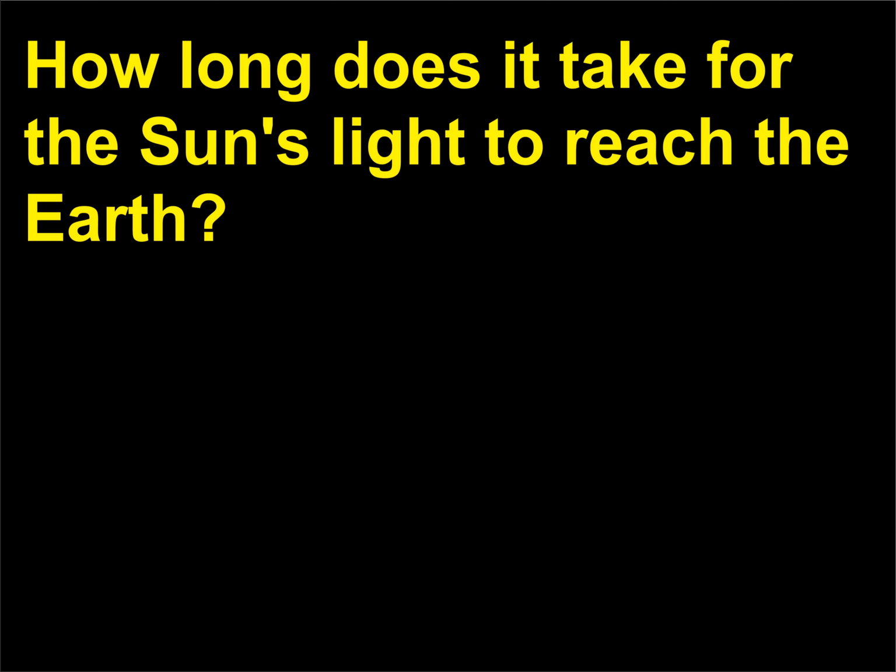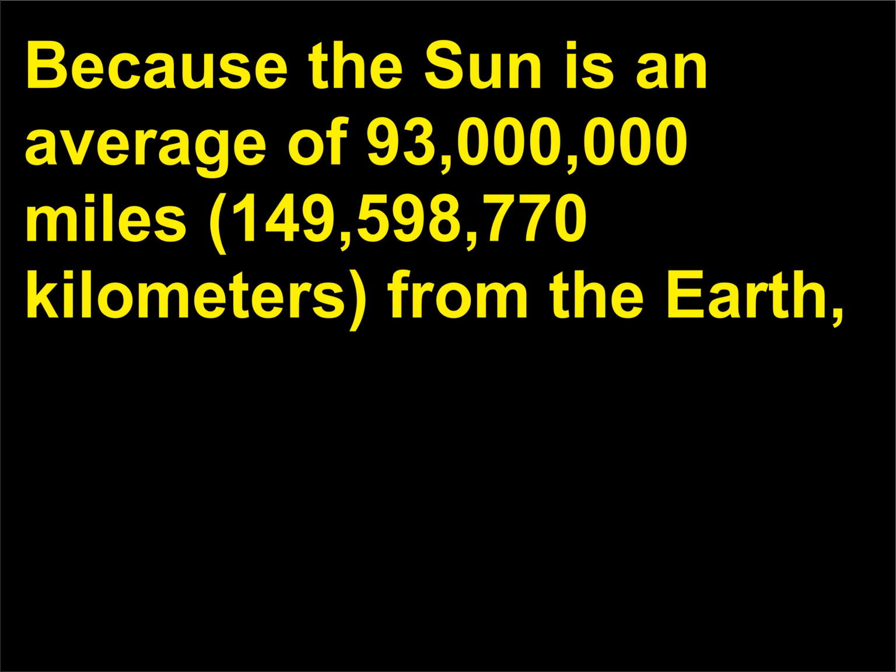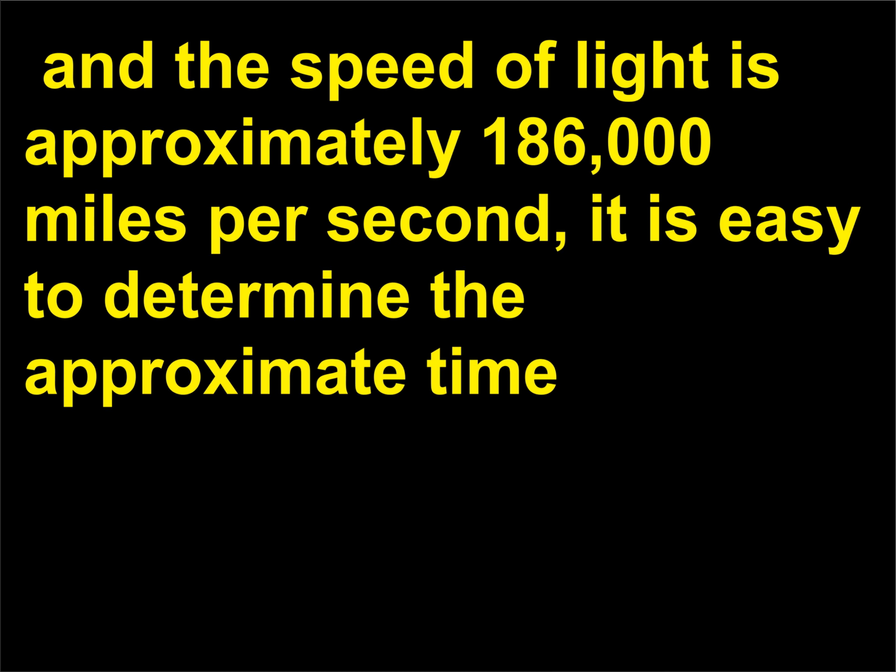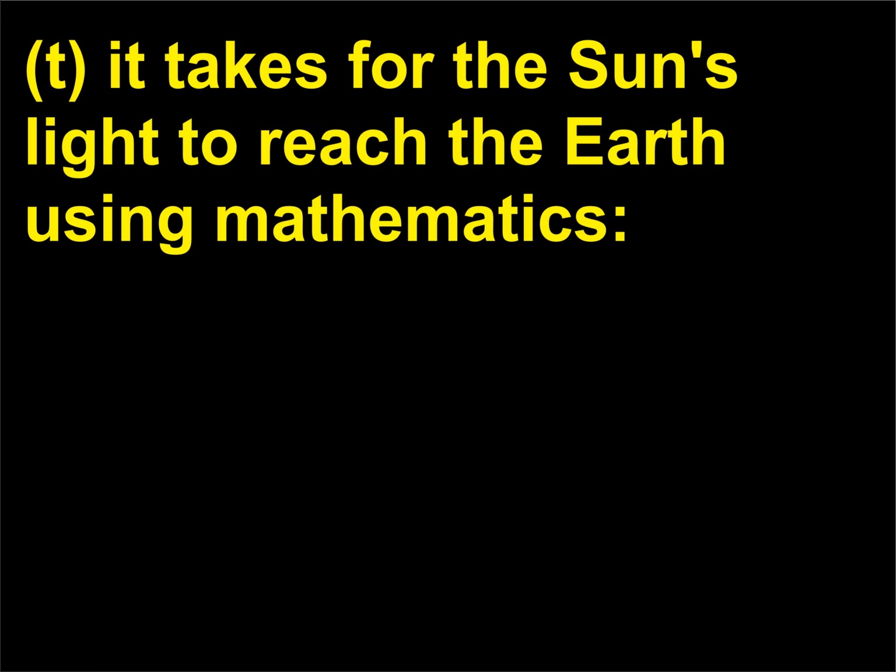How long does it take for the sun's light to reach the Earth? Because the Sun is an average of 93 million miles, 149,598,770 kilometers, from the Earth, and the speed of light is approximately 186,000 miles per second, it is easy to determine the approximate time t it takes for the sun's light to reach the Earth using mathematics.